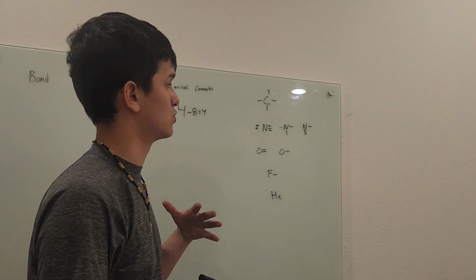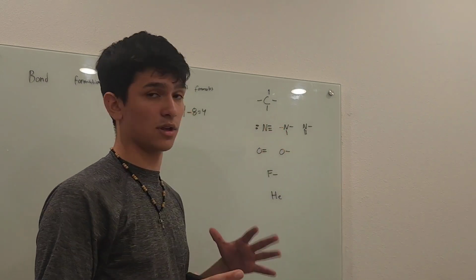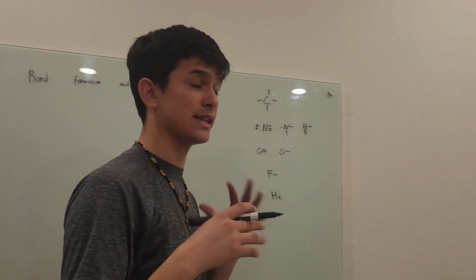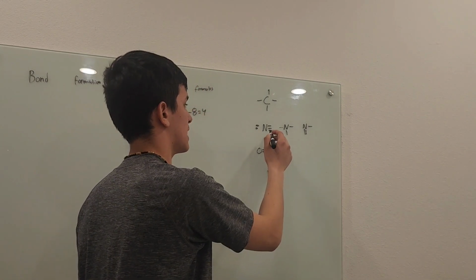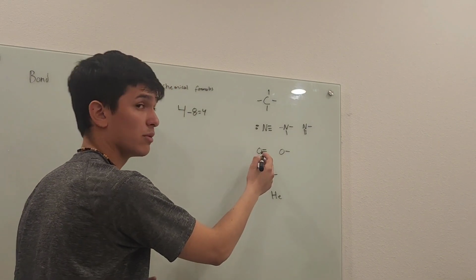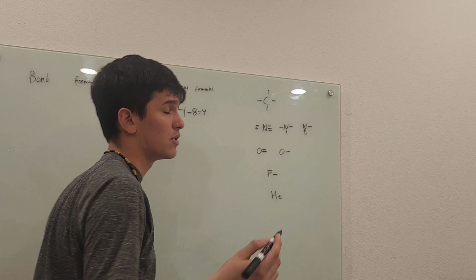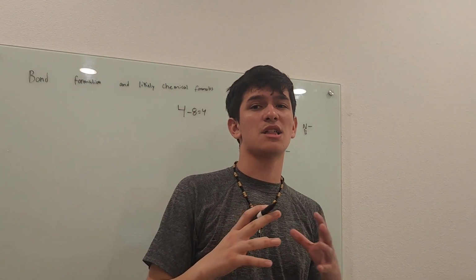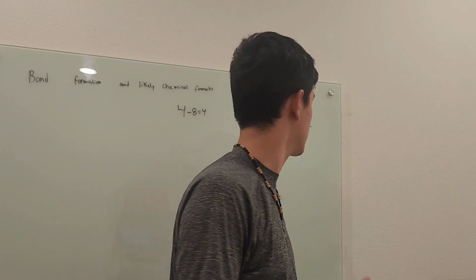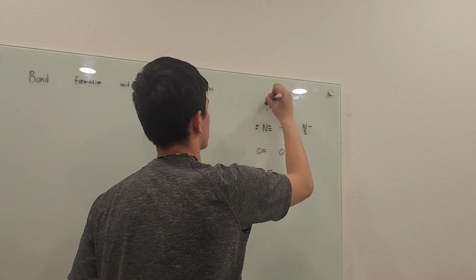So it needs to share 3 electrons to get to an octet. That's why nitrogen is likely to make a triple bond. Oxygen is known to make double bonds. Fluorine is known to make 1 bond. And helium is not really known to make bonds. Why? Because it's a noble gas, and noble gases are not known for making bonds.